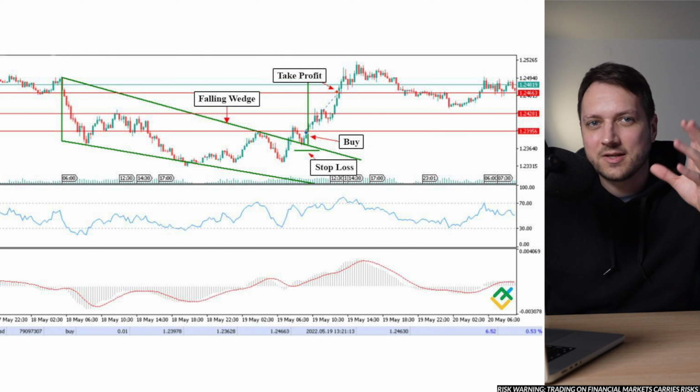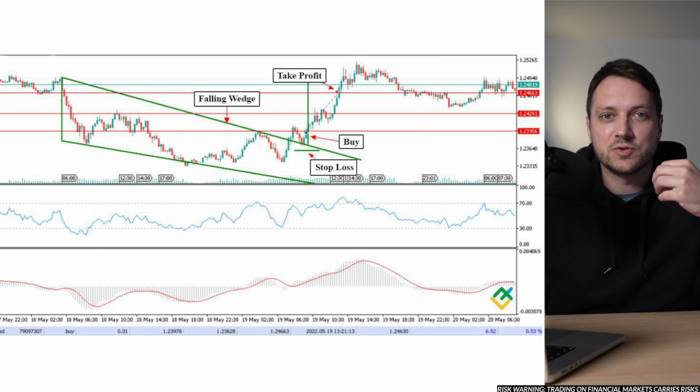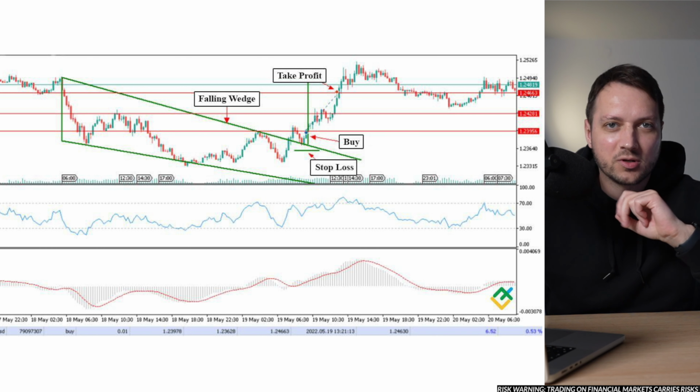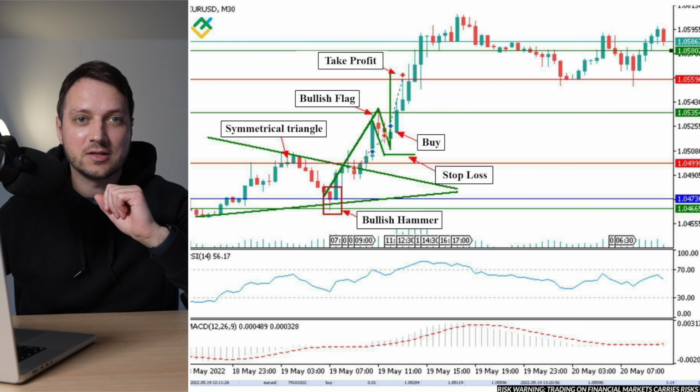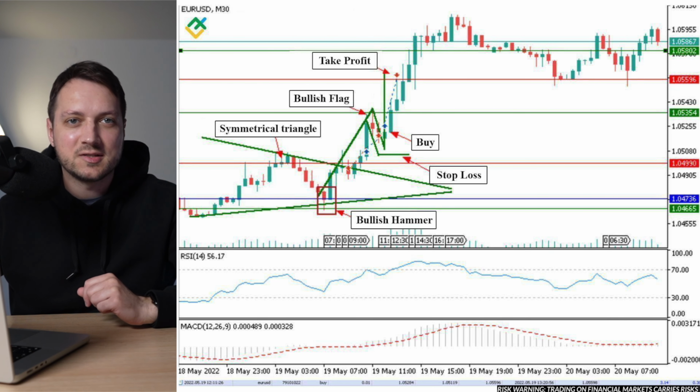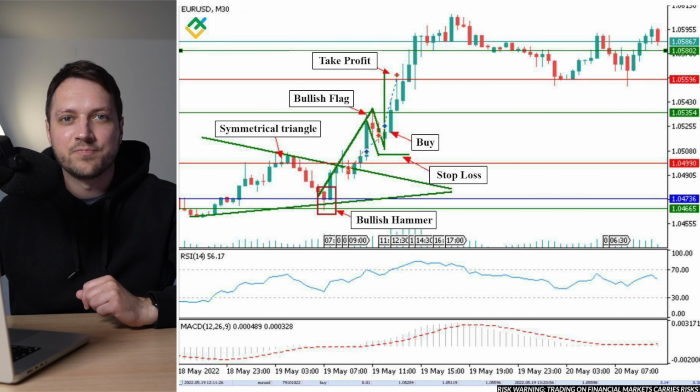And so the stop loss was set as part of the risk management just below the broken level. And sometime later, the trade closed intraday with a profit of $6.52.